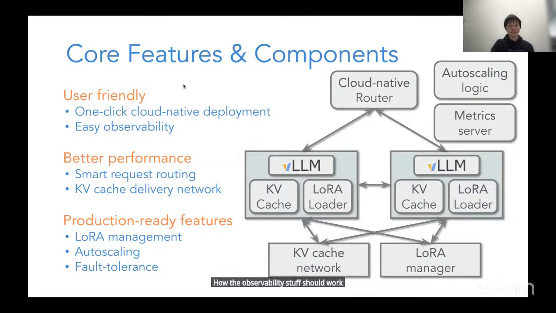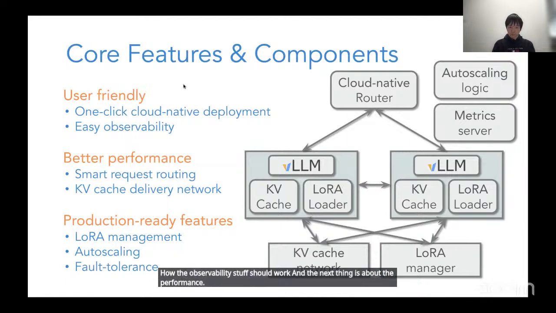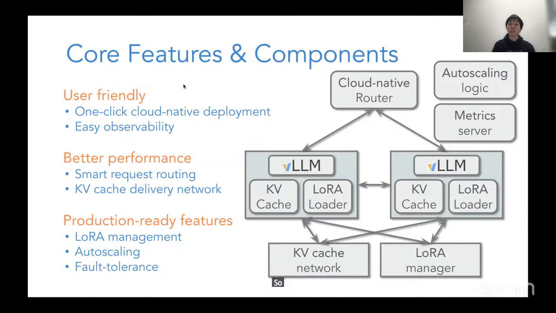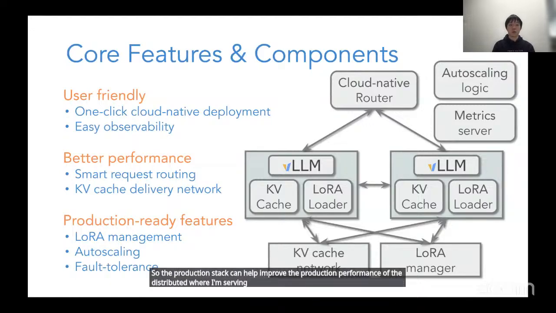The next thing is about performance. The production stack can help improve the performance of distributed vLLM serving with two things. One is smart request routing, basically providing better load balancing as well as utilizing more of vLLM's prefix caching mechanism.